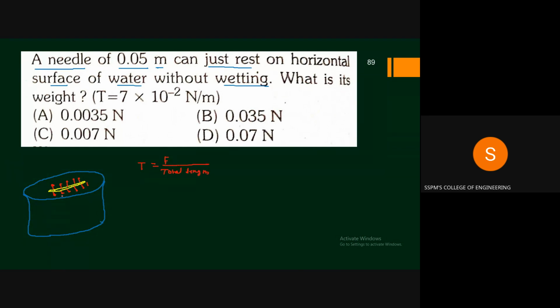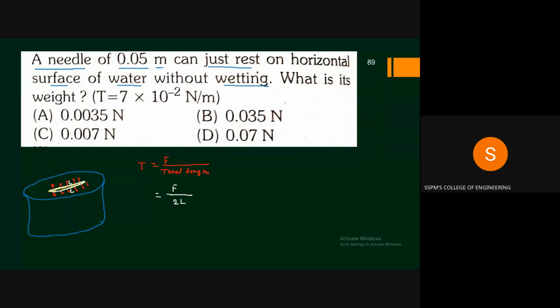Now if you consider the needle, you can observe that it will have two contact layers. One contact layer is this, and this is the second contact layer. This contact layer has a length L and this has a length L. So the total length in contact with the liquid, the water, will be 2L, so T is F upon 2L.